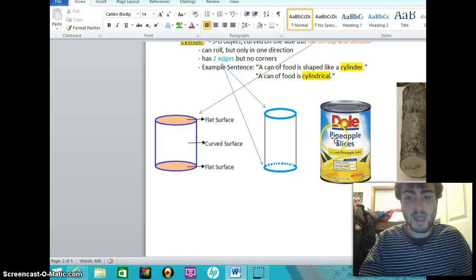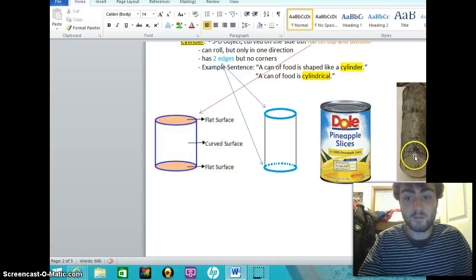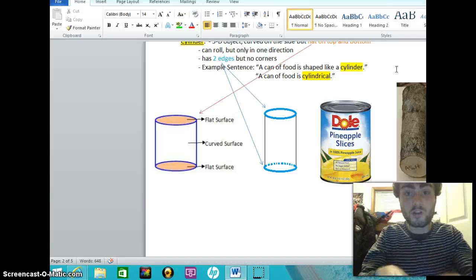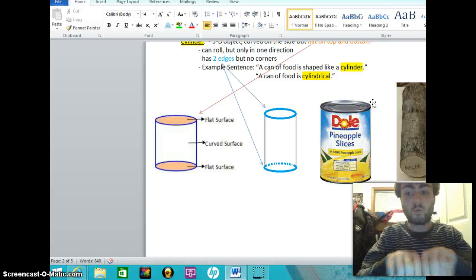A can of fruit is a cylinder because it has flat on top, flat on bottom, and the side is curved. A log is a cylinder because it's flat on top, flat on the bottom, but the side is curved. You can roll a log in one direction. You can roll a can in one direction.